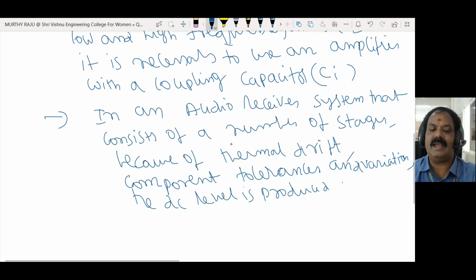To prevent the amplification of such DC levels, we use coupling capacitors.